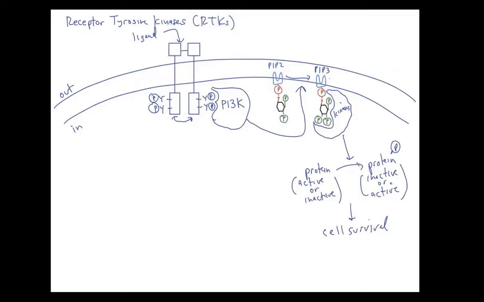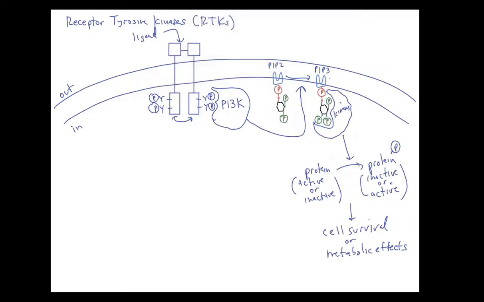Or there's also metabolic effects that promote growth as well. And if we're talking about the hormone insulin, its metabolic effects that it's most well known for are thought to be mediated primarily by this PI3 kinase part of this pathway. So that is really all we're going to say about this part of the RTK pathway.